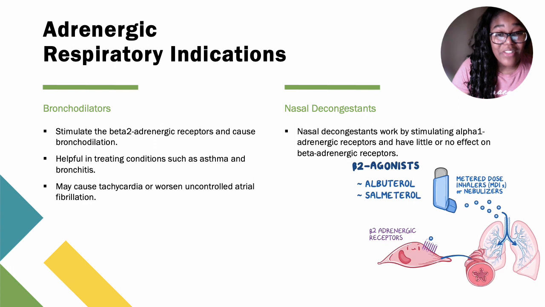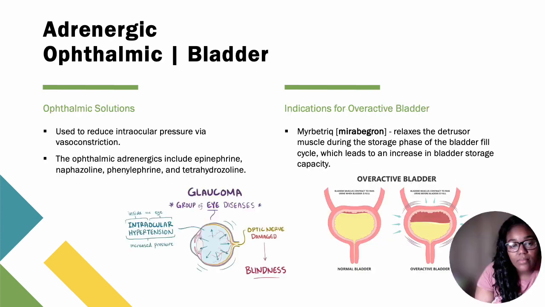Bronchodilators work specifically towards the lungs and they act on those beta 2 adrenergic receptors. So the medications of choice for those beta 2 receptors are your B2 agonist, that's albuterol and salmeterol. And again, they work on those B2 adrenergic receptors on the lungs to help cause bronchodilation.